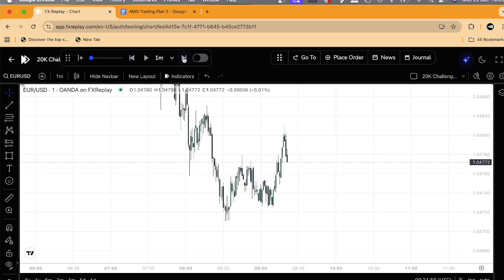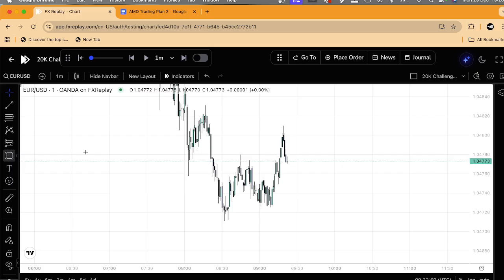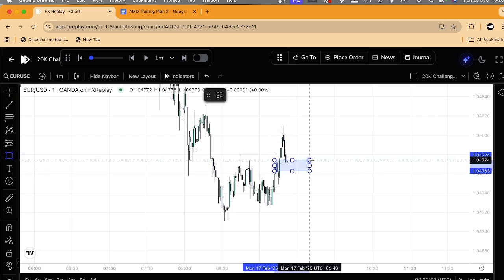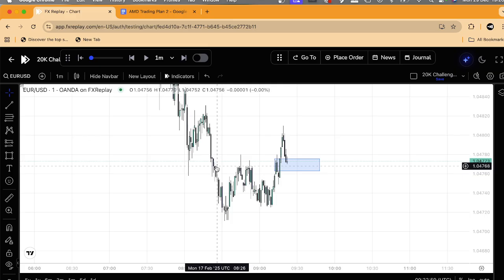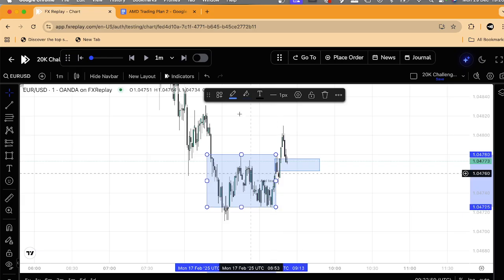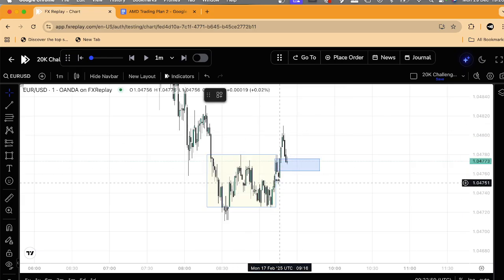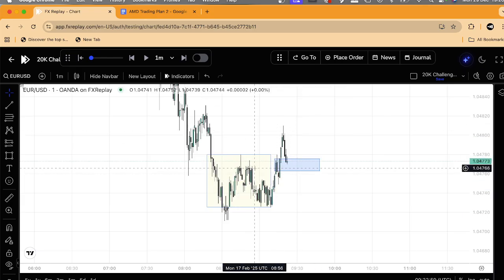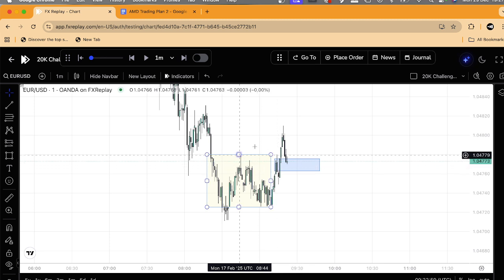Let's see, do we turn back around? Alright, interesting, we're going to turn back around. So again, same here, I would not take this because it's on the edge of the outside of the accumulation. Yeah, the accumulation highs are there, but look at all these wicks, the bodies really just don't close much past there.